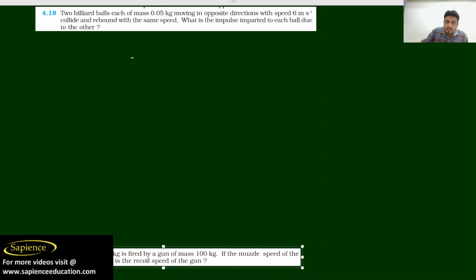So let us say there is a ball moving with the initial velocity u1 of 6 meter per second, and it has a mass of 0.05 kg. Another ball is moving in the opposite direction with u2, which is also 6 meter per second, but it will be negative because it is going in the negative x-axis. Both have the same mass.